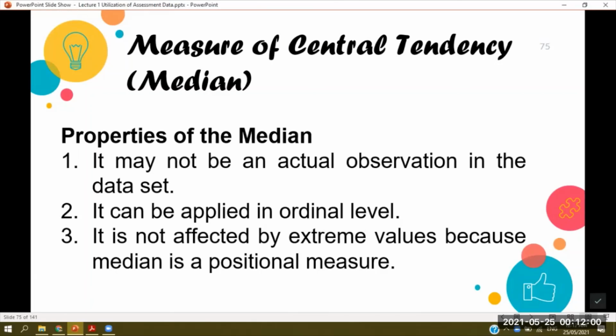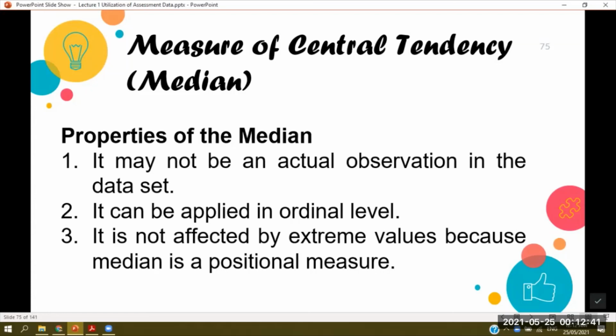Another term for extreme values is outliers. Like for example, if you are the student and your teacher totals or averages your 10 quizzes, and your scores are far apart. You have 3 perfect scores, but the rest are very low. That could actually affect your mean score. The value of your mean score can be dragged by the extreme values. But for the median, it is not.